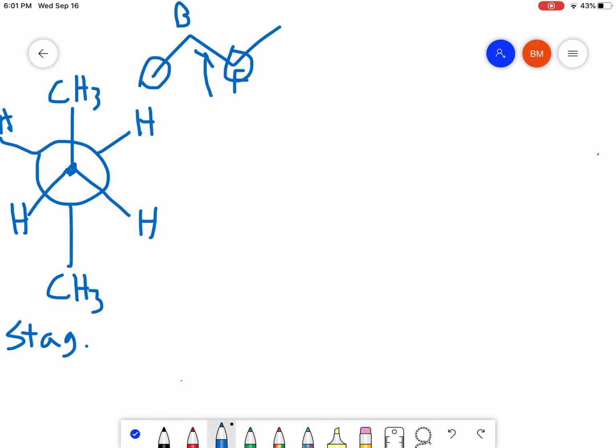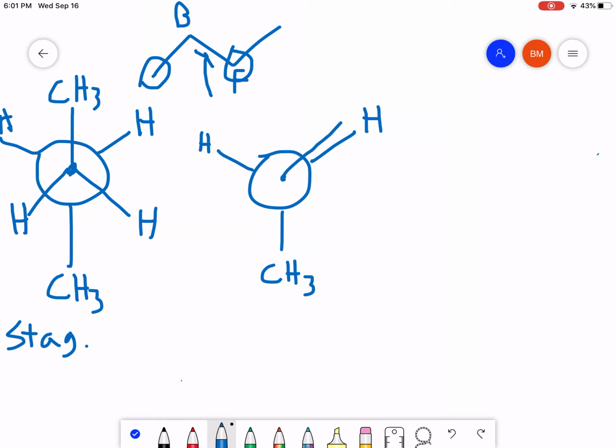We rotate 60 degrees. I'm going to leave the back carbon alone, everything the same. Now, when we rotate 60 degrees, we're going to go into an eclipse.